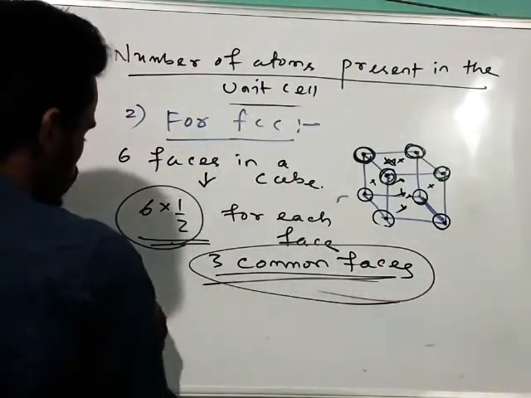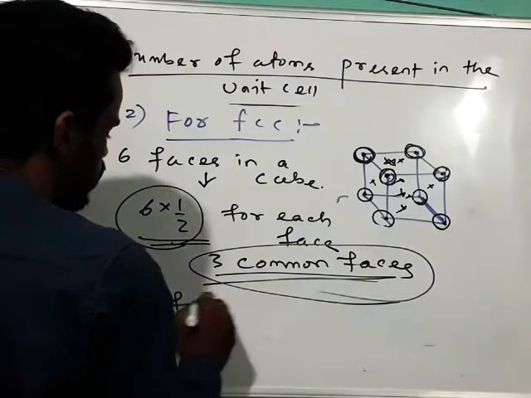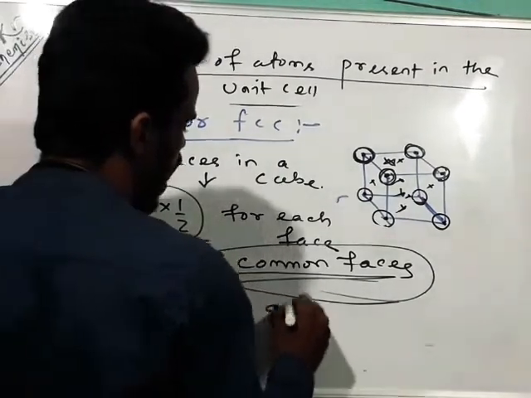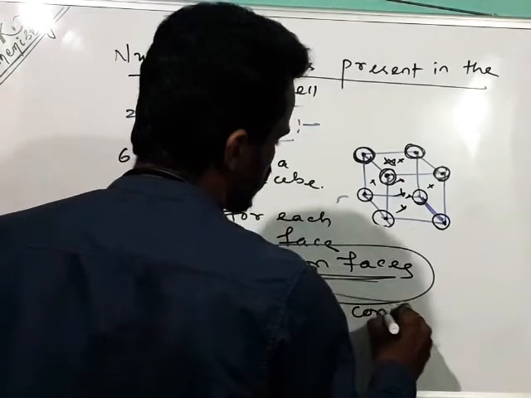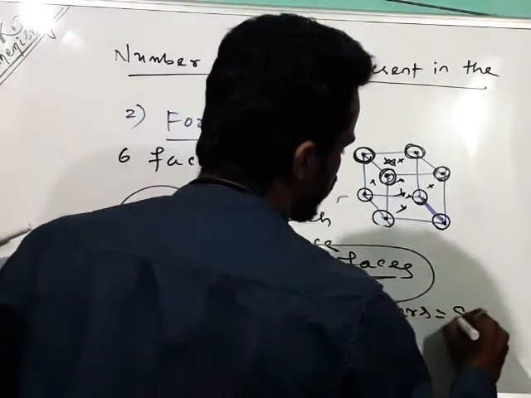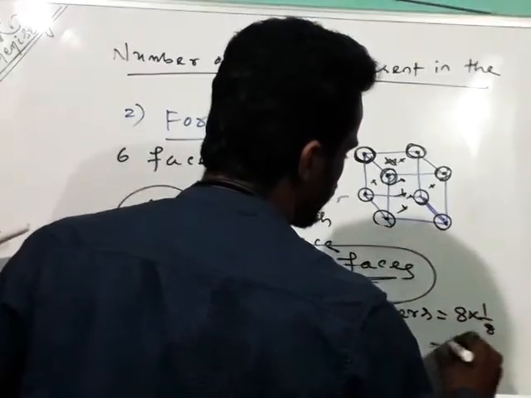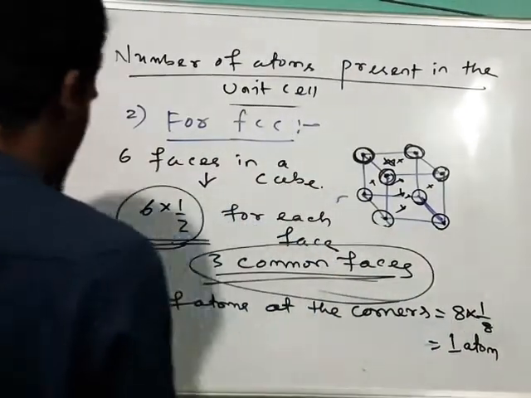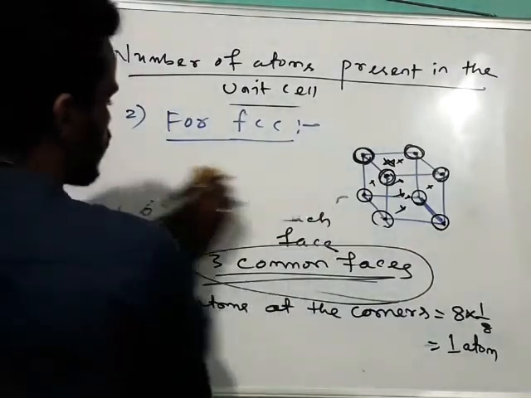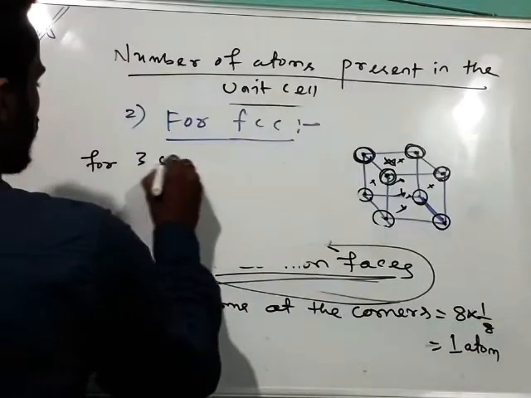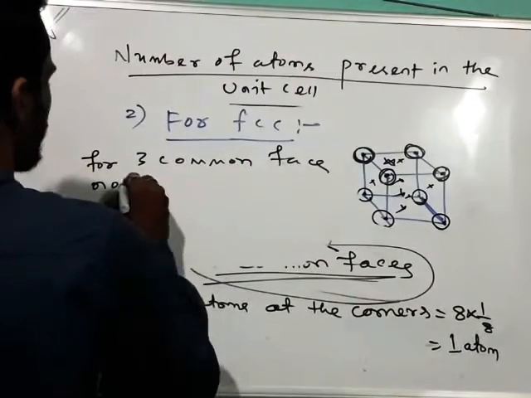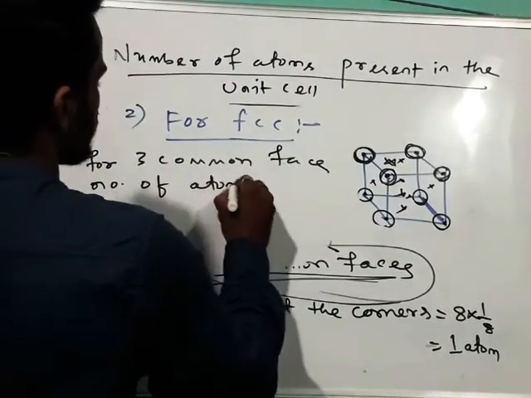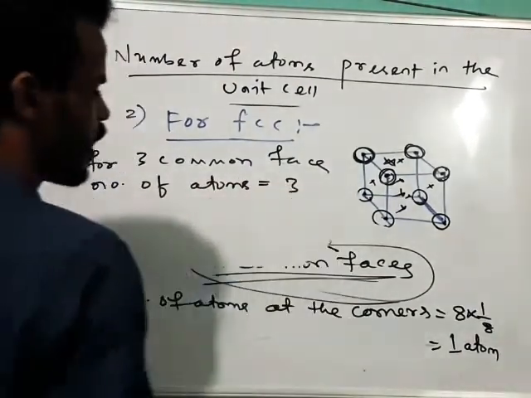So the number of atoms at the corners is equal to 8 into 1 by 8, that is 1 atom. And for the 3 common faces, the number of atoms is equal to 3, means 3 face center atoms.